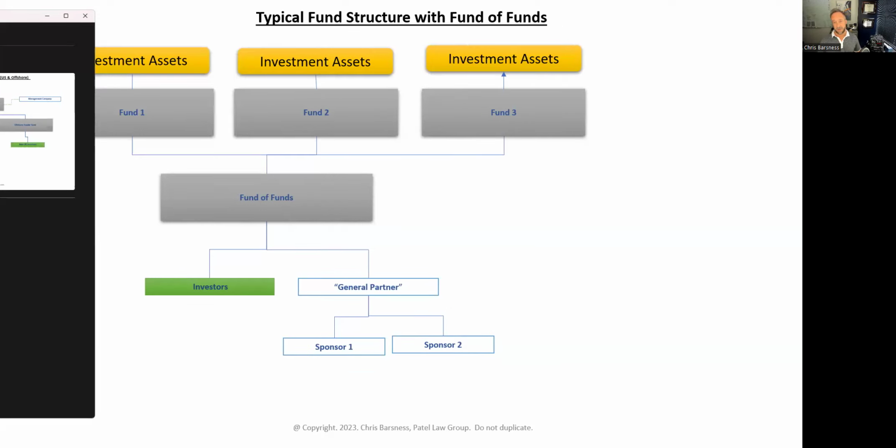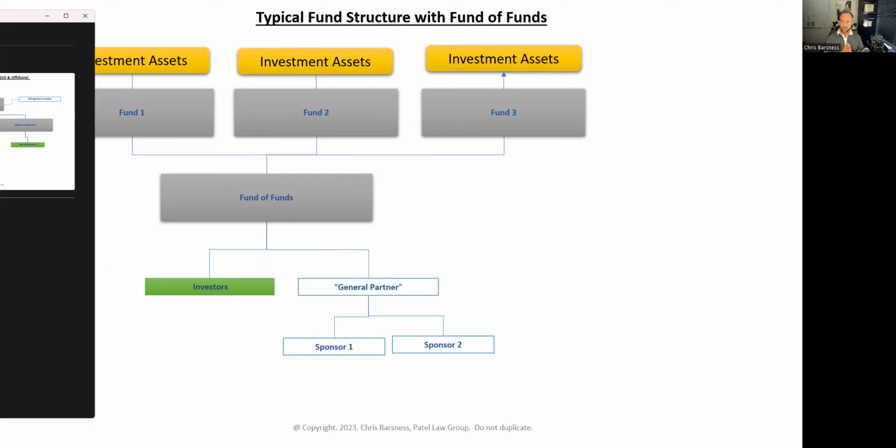The fund of funds can be used in a number of different ways. Sometimes it's to diversify a portfolio someone wants to invest in. Sometimes fund number one might be a large hedge fund or something else that requires a $250,000 minimum check size to be able to invest, and the fund of funds investors only have 50 grand.